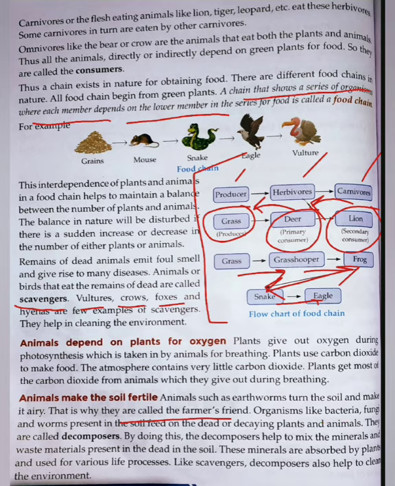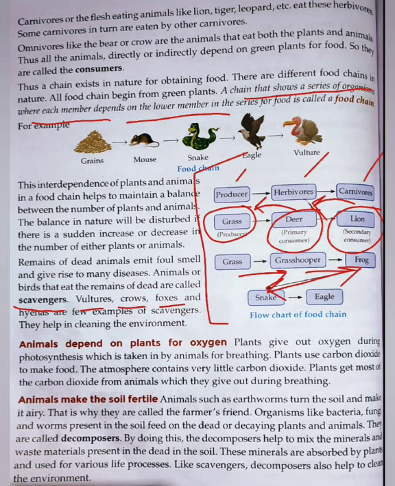So there is a difference between decomposers and scavengers. Don't get confused. Decomposers are tiny organisms, that is bacteria, fungi, or other worms present in the soil, and they feed on dead and decaying plants and animals that remain there and make the soil fertile, as different nutrients get distributed in the soil from those dead and decaying plants and animals.